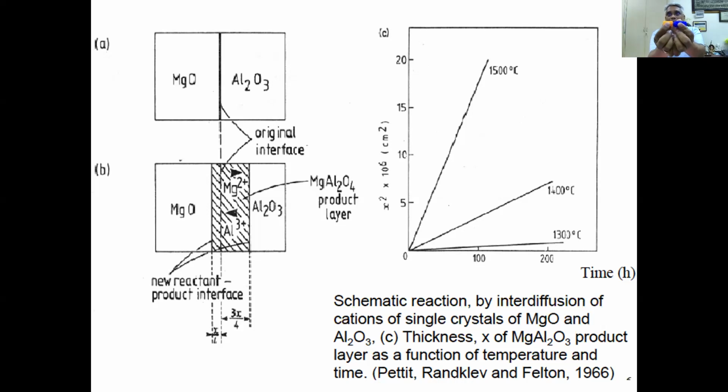But for the entire magnesium oxide on one side and entire aluminum oxide on the other side to form into a new product, you know, it will take several years, because diffusion in solids is such a slow process, very, very slow process, right?